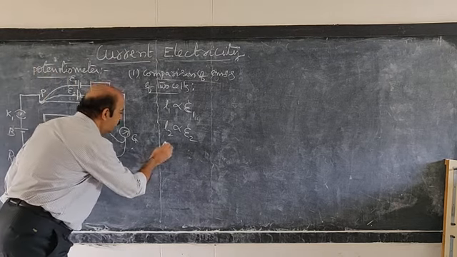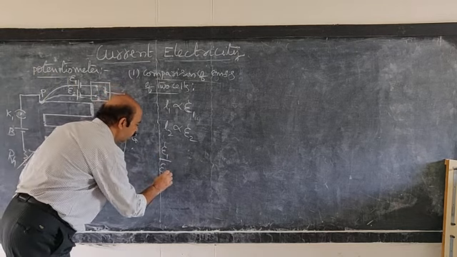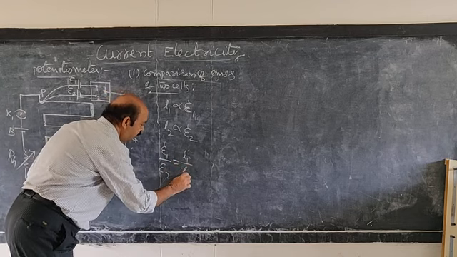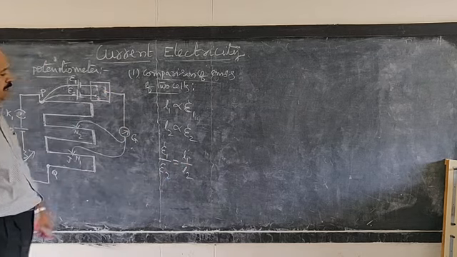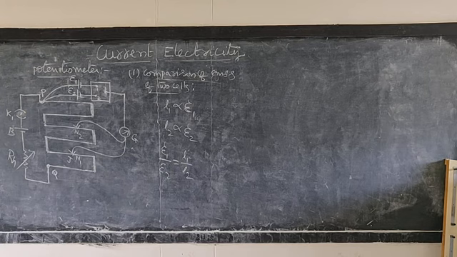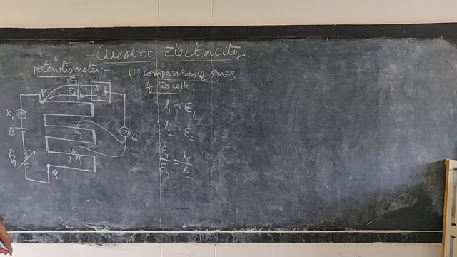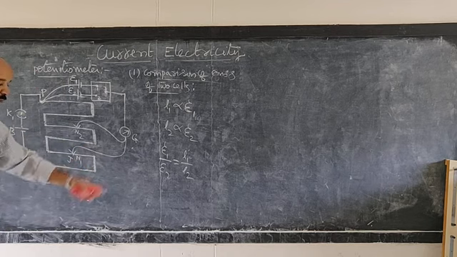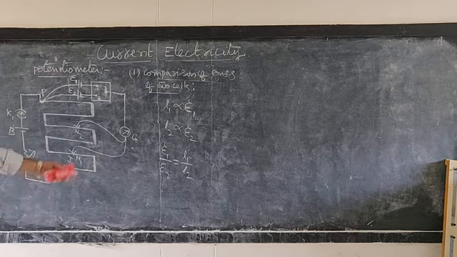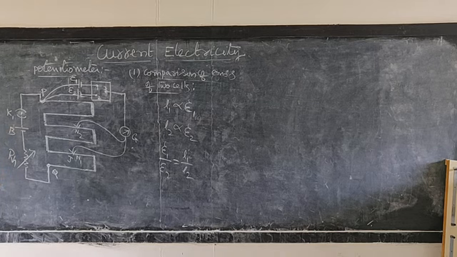Therefore, the ratio of the EMFs will be L1 by L2. So using this relation, EMFs can be compared. If the value of one of the cells is known, the EMF of the other cell can be determined using this relation. So this is how we compare the EMFs of two cells.